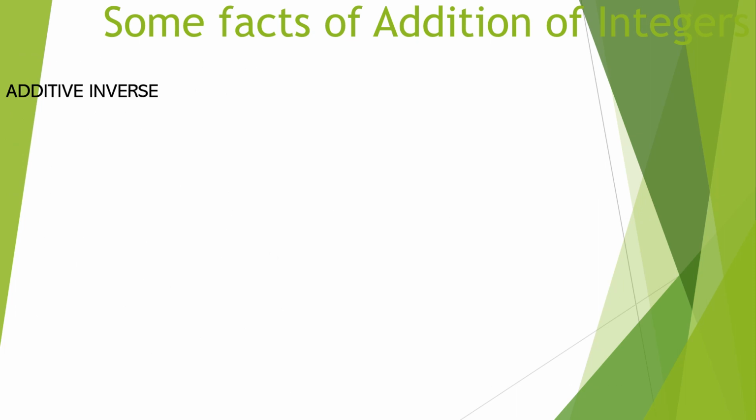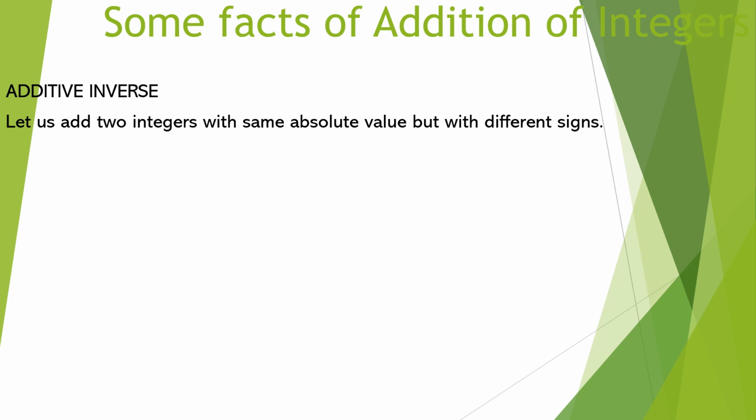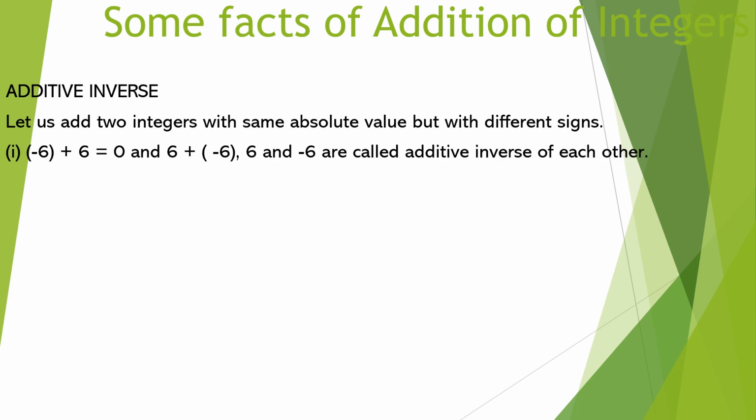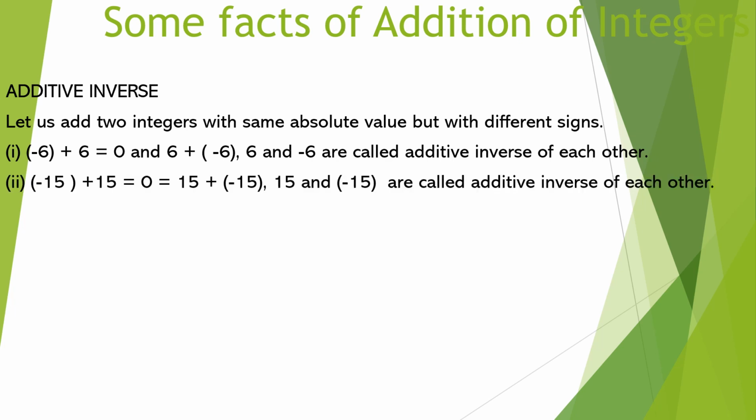Additive inverse. Let us add two integers with the same absolute value but with different signs. Minus 6 plus 6 is equal to 0. Now 6 and minus 6 are called additive inverses of each other. Minus 15 plus 15 is equal to 0.